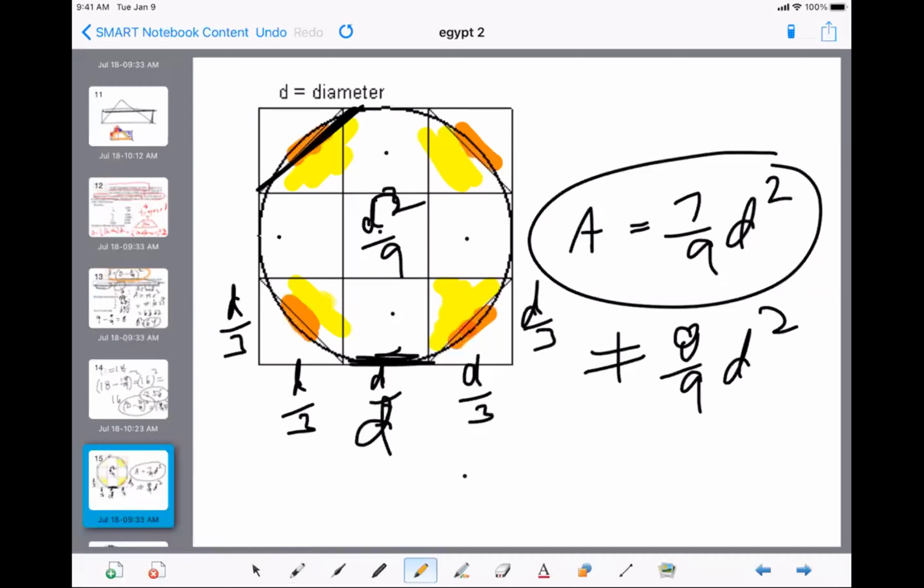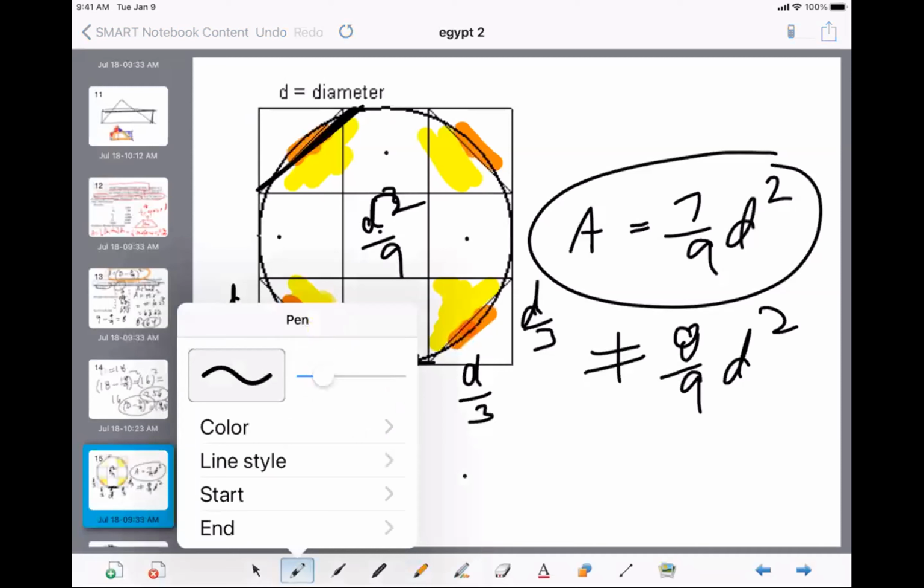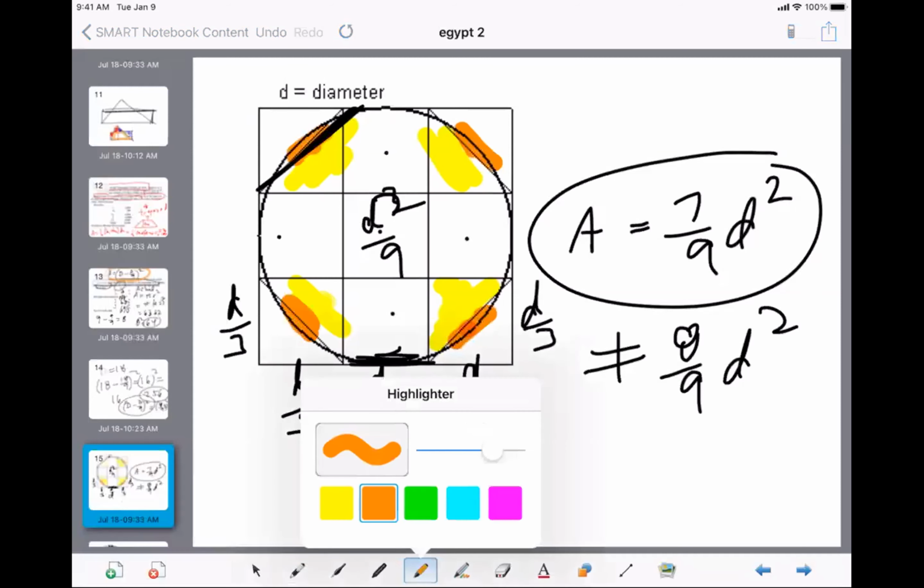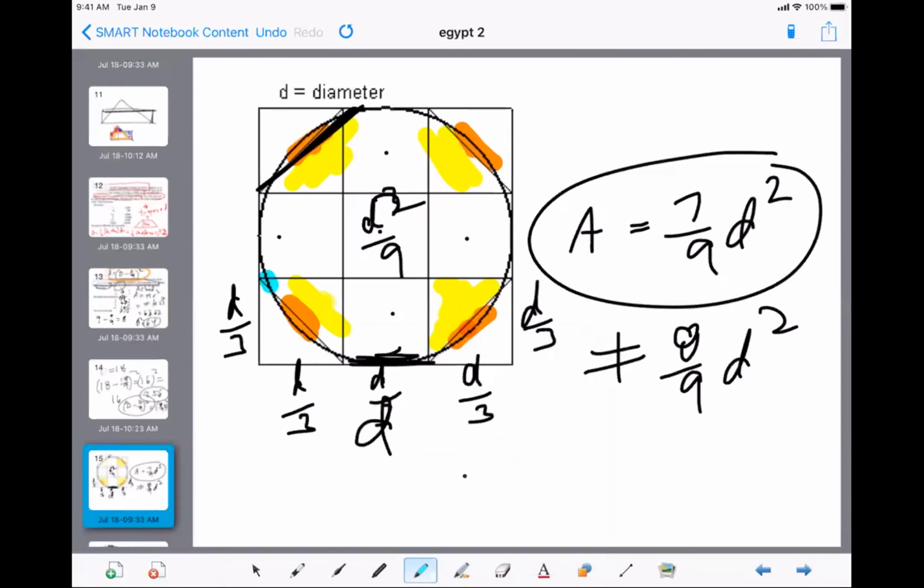But then again, we have to take away some pieces stuck outside that are counted in the area. This is all speculation that they just changed it from 7 ninths to 8 ninths to account for the fact that 7 ninths was a little too small and 8 ninths was more accurate. I have a whole article with various theories about how they would have come up with this formula.